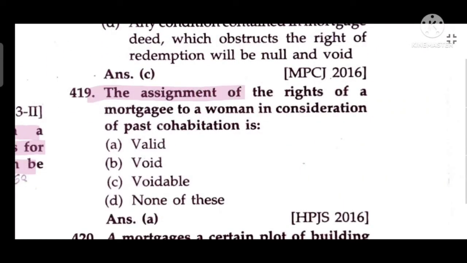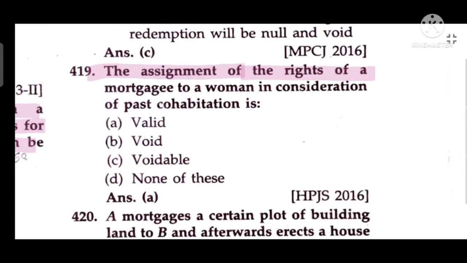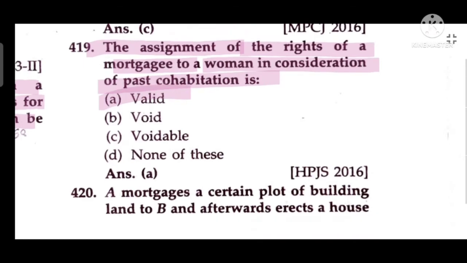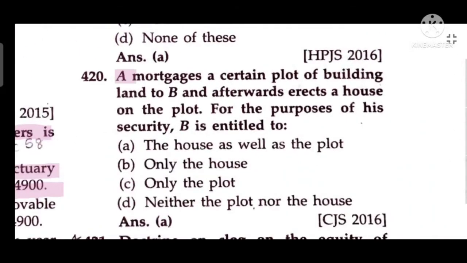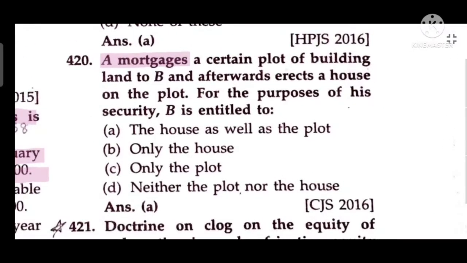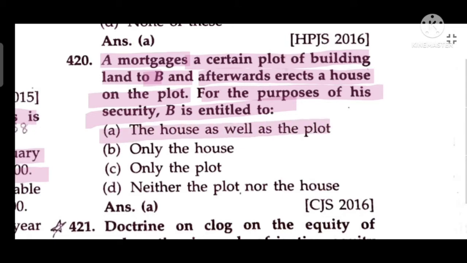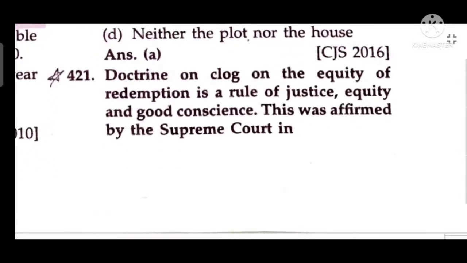The assignment of the right of the mortgagee to a woman in consideration of past cohabitation is valid. A mortgages a certain plot of building land to B and afterward erects a house on the plot for the purpose of security. B is entitled to the house as well as the plot.